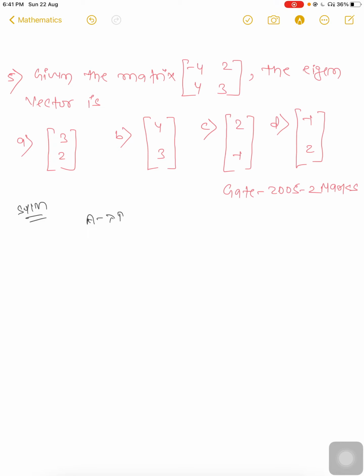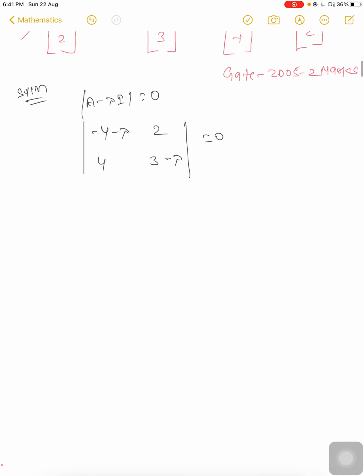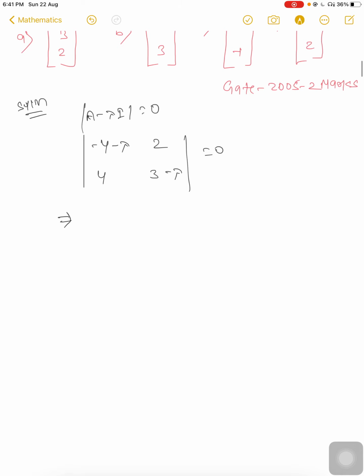Solution: first of all, determinant of A minus lambda I is equal to 0, where A has minus 4 minus lambda, 4 and 2, 3 minus lambda, equal to 0. After simplification, minus 4 minus lambda times 3 minus lambda, minus 8 is equal to 0.